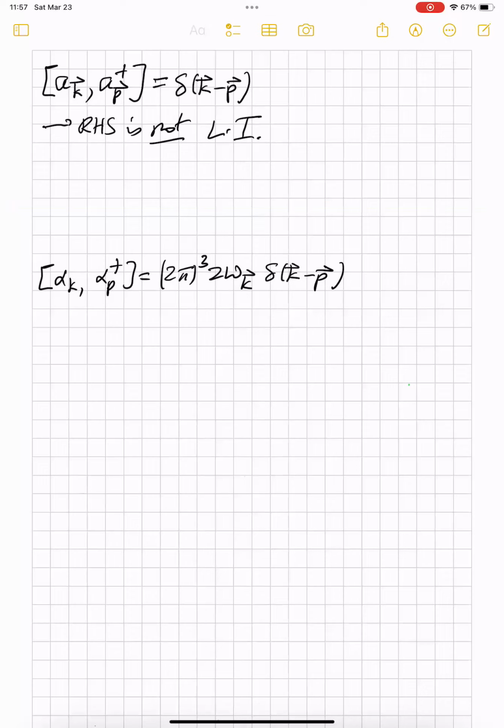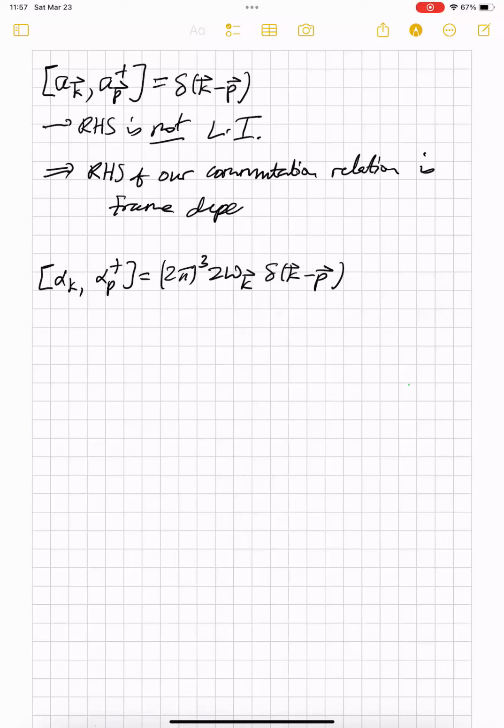So if we write this equation in one frame, and then we boost to another frame to find what equation we should use in the second frame, in fact, that equation will be different. So this means the right-hand side of our commutation relation is frame dependent.